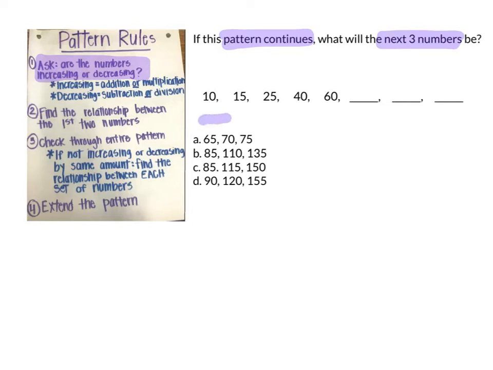10, 15, 25, 40, 60. Our numbers are increasing. They're getting bigger as we go. That tells me that we are either going to be adding or multiplying.